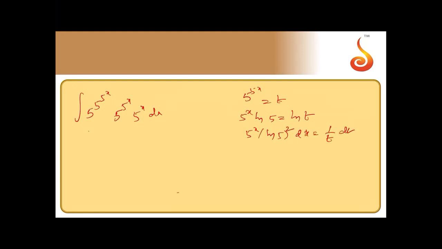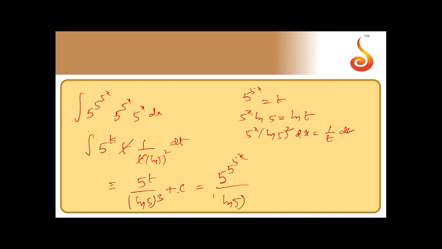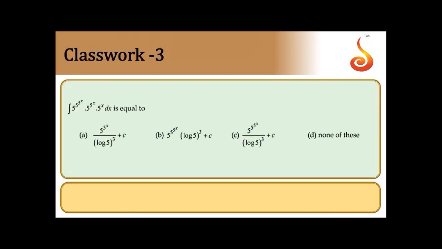Therefore this integral can be written as 5 to the power of t, where 5 power x is t, and 5 power x dx is 1 by t multiplied by 1 by log 5 whole square dt. Of course t gets cancelled, and the integration of 5 power t is 5 power t divided by log 5 whole cube plus constant. Therefore 5 to the power of 5 power x divided by log 5 whole cube plus c.